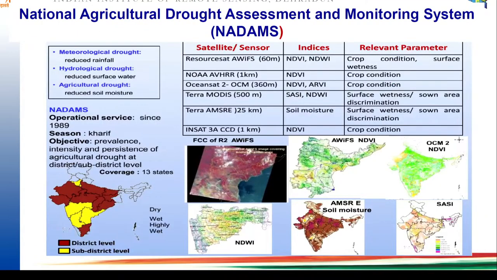One of the areas is national agriculture drought monitoring, where all kinds of data, optical NDVI, soil moisture from MSRE, and LSWI, NDVI, are useful for agriculture drought monitoring, because agriculture drought means inadequacy of soil moisture in the root zone to meet the water requirement of the crop plant.